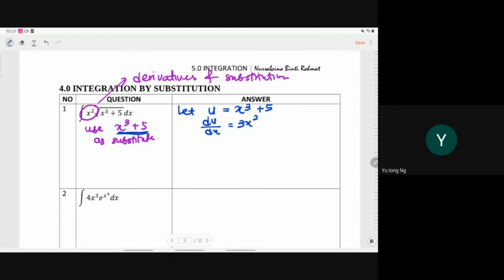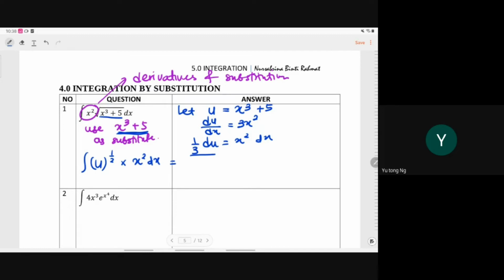Kalau kita rearrangekan dia, dia akan jadi du equals 3x squared dx. Your x cubed plus 5 is your u to the power of half multiplied with x squared dx, which is equivalent, x squared dx is actually 1 over 3 du.